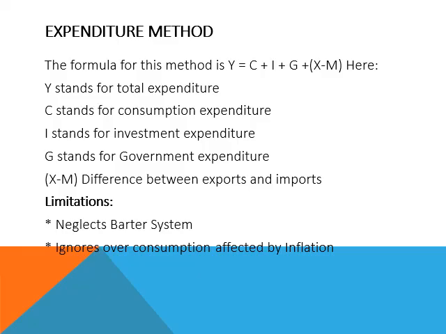Actually, X minus M is net export, or the demand of the international trade sector. So this is the equation or formula of the expenditure method.